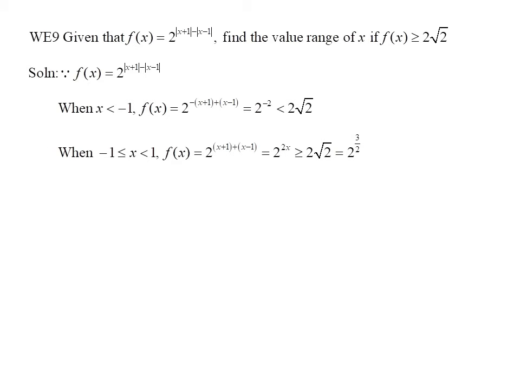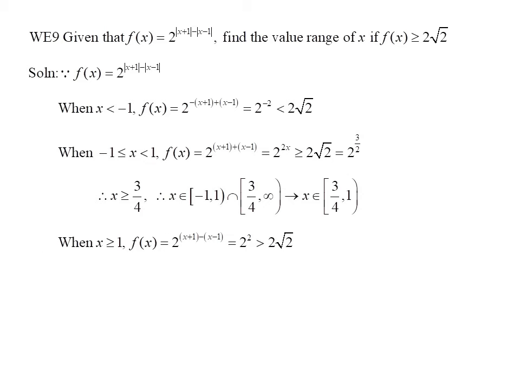Now, when x is greater than or equal to -1, but less than 1, f(x) equals 2 to the 2x. By solving the inequality, the range of x is obtained, which is greater than or equal to 3 over 4. After intersecting the obtained range with the assumed range, we obtain that x is greater than or equal to 3 over 4 but less than 1.